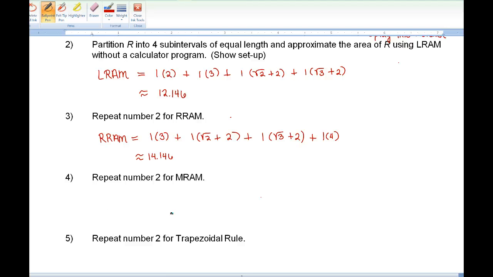Now the midpoint gets a little bit more difficult because it's not always going to hit on the graph at a nice point. The bases are still one length, right? 1 unit in length, because that's the subinterval. So for MRAM, it's still going to be 1 times, but now what's the height going to be?